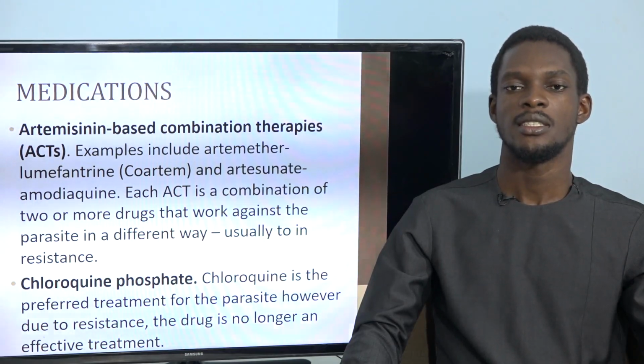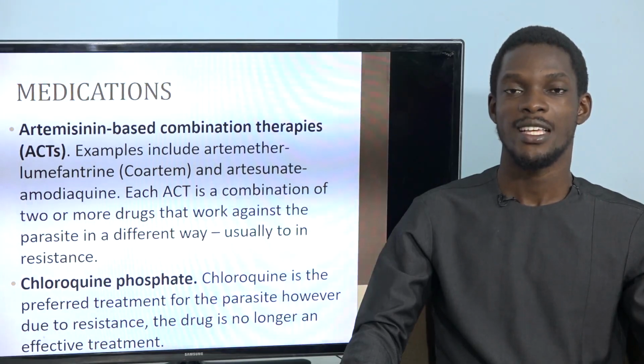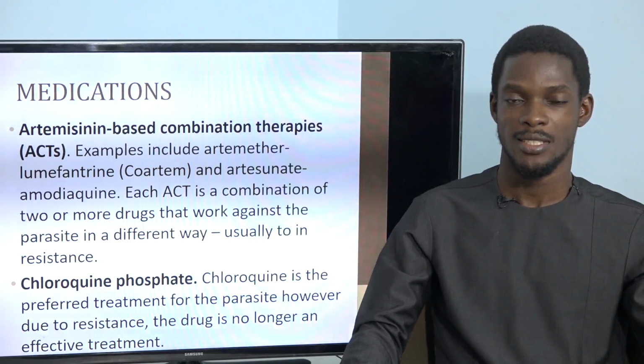These ACTs are a combination of 2 or more drugs that work in different ways, and both come together to cure malaria. This is usually done in cases of resistance or to prevent resistance.